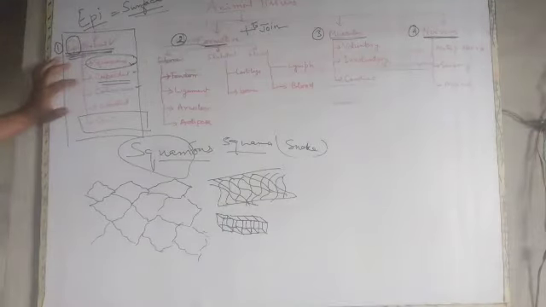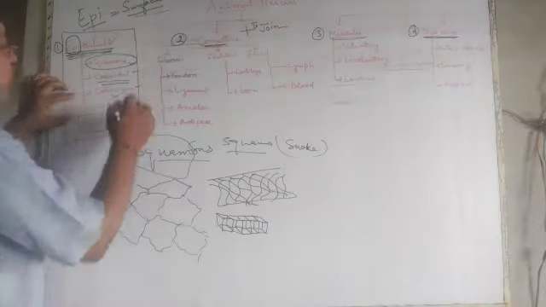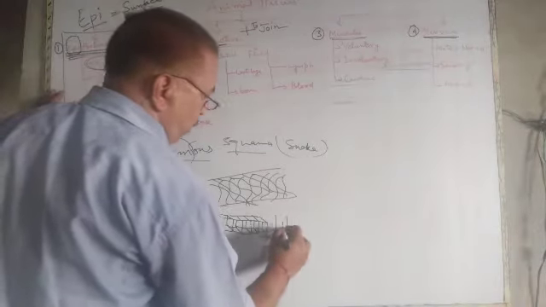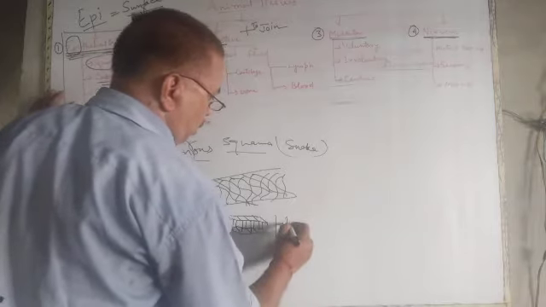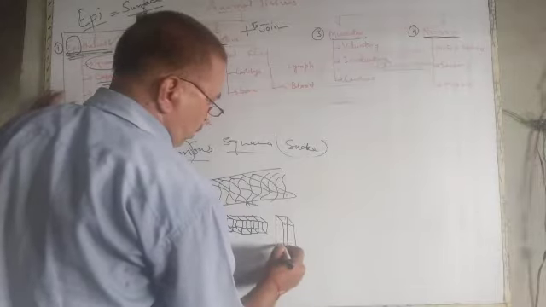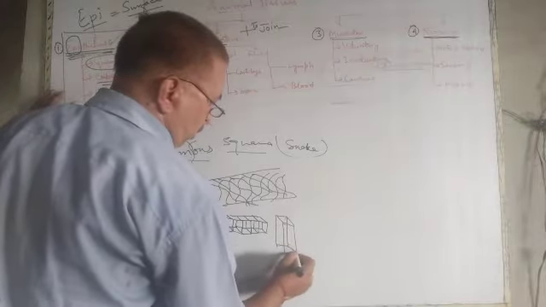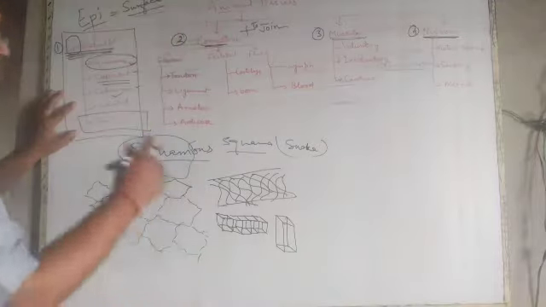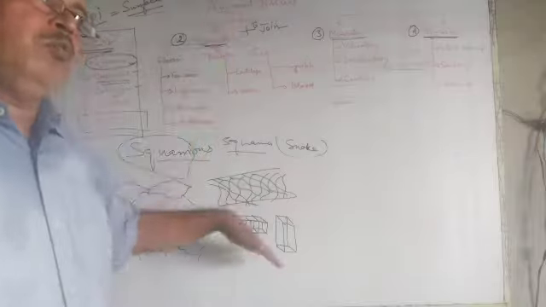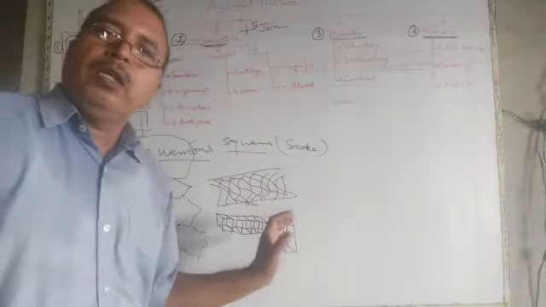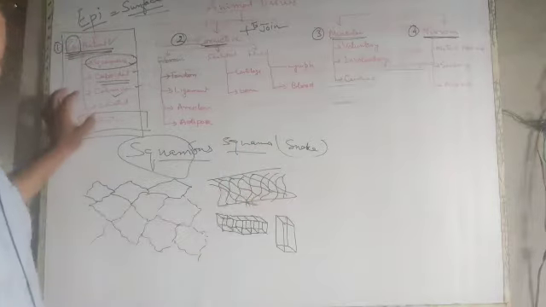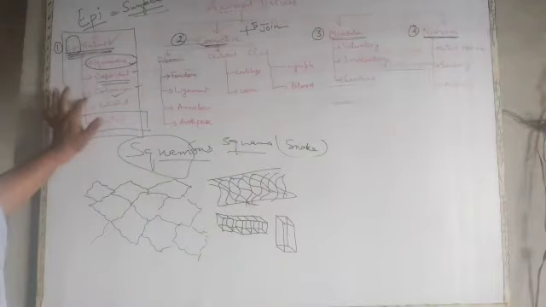That's why the name cuboidal. In columnar epithelial tissues, the height is more as compared to the width and length of cuboid-like cells. So this type of cells combine and they make columnar.